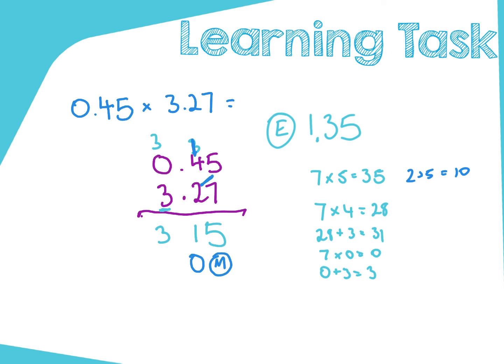However, I've got to remember that when I've done my first sum, 2 times 5 is 10. So the 0 goes down the bottom and the 1 goes on top of that 4. Then I can say, well, what's 2 times 4? 2 times 4 is 8. And then 8 plus 1 equals 9. So I'll put my 9 down the bottom, okay? Then my last one is 2 times 0. Well, 2 times 0 equals 0. And I don't even need to carry anything else over. So I'm going to put my 0 down the front.